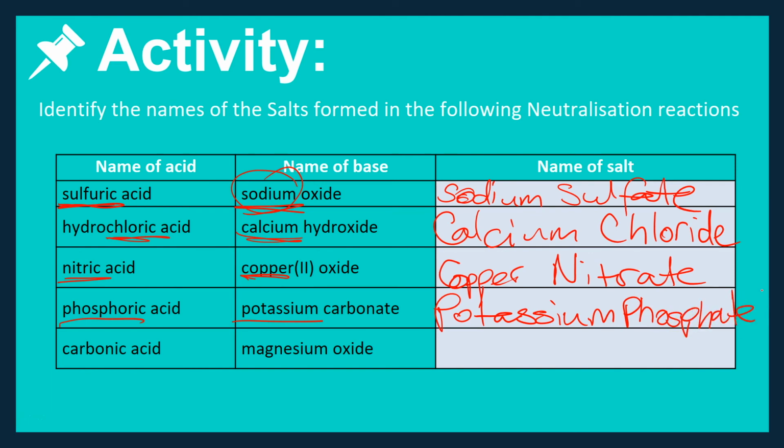Okay, lucky last. Looking here, magnesium is our metal. And carbonic, if we look on the table before, carbonic means that that acid has a carbonate group. So we're going to write carbonate. Okay, and there we go. So you can see our salts would have been sodium sulfate, calcium chloride, copper nitrate, potassium phosphate, and magnesium carbonate. So that is how you name a salt.